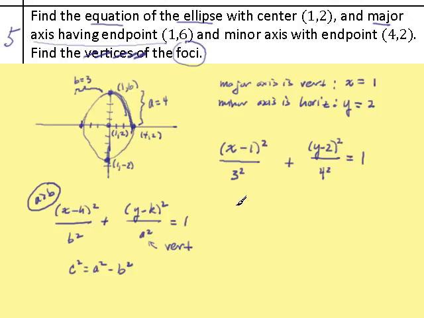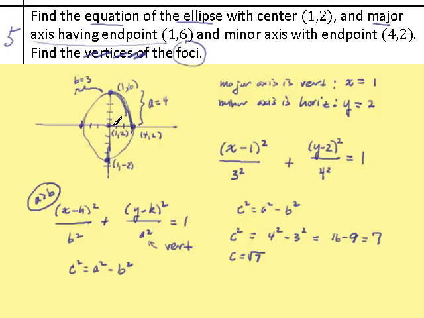Using this equation, c squared equals a squared minus b squared. So we have c squared is equal to 4 squared, the larger one, minus 3 squared, 16 minus 9. Okay, so we have c squared is equal to 7, so c is equal to square root 7. And now the foci, since this is the major, the foci are going to be along the major axis.